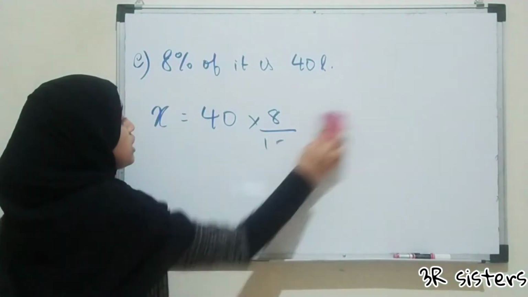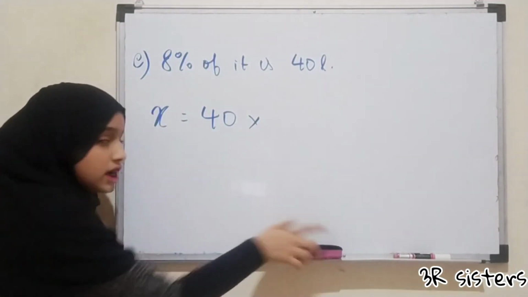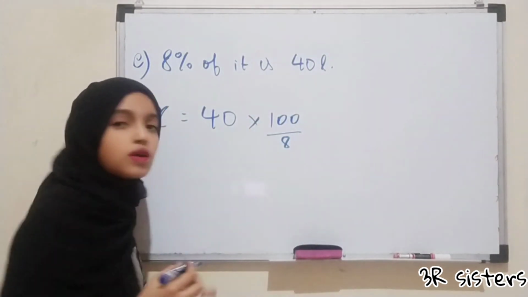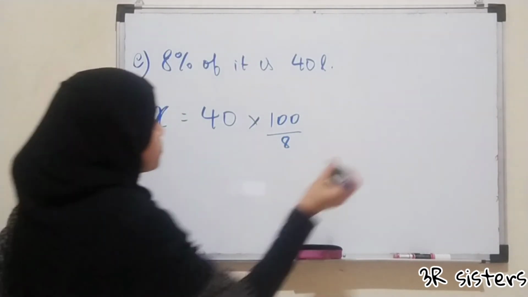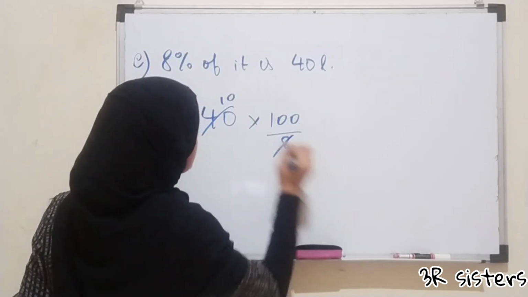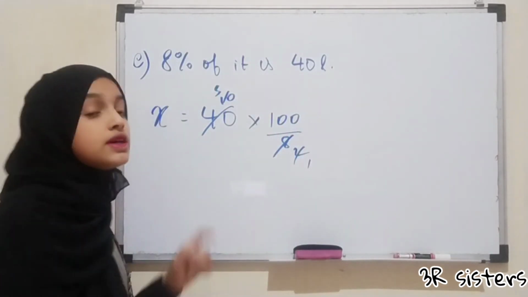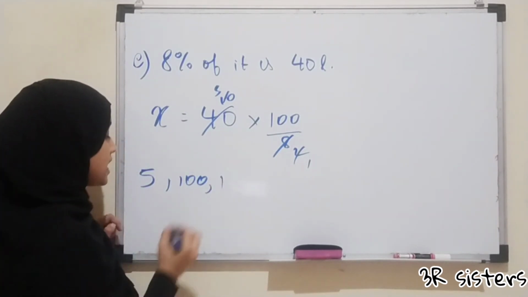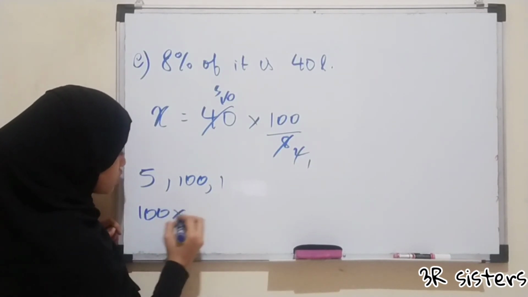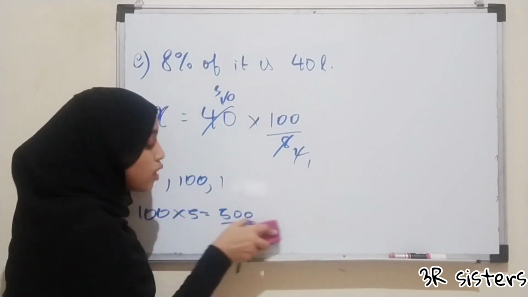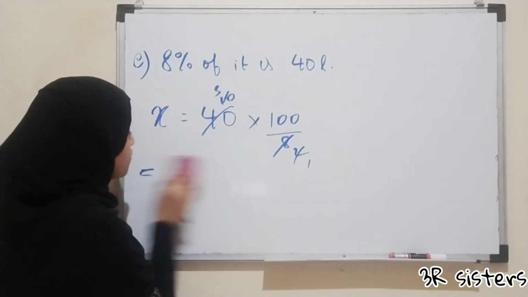So now we'll write 8 by 100 to 100 by 8. Okay. So this will become 10, this will become 2, 1 and 5. Okay, now what is left? 5 is left, 100 is left and 1 is left. Okay, now we can multiply 100 into 5, which is equal to 500, and 500 by 1 is nothing but a whole fraction. So we conclude it as a number which is 500.